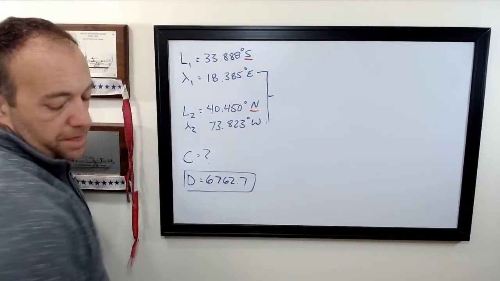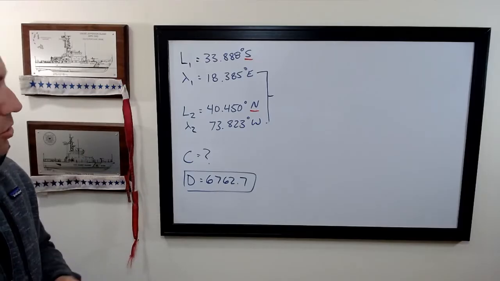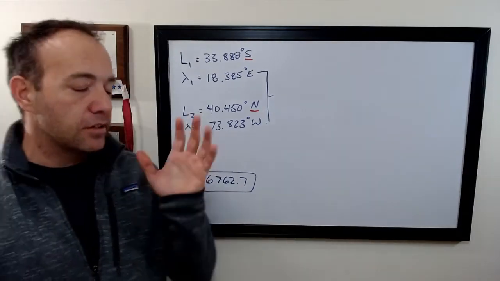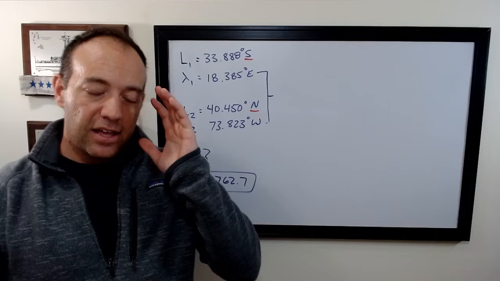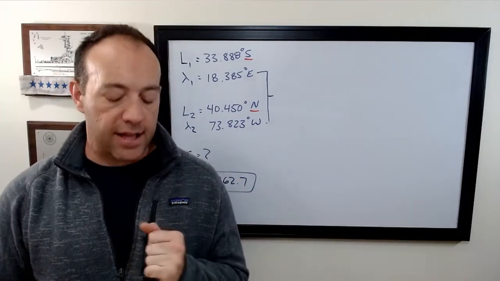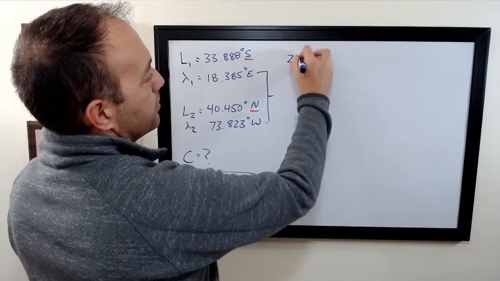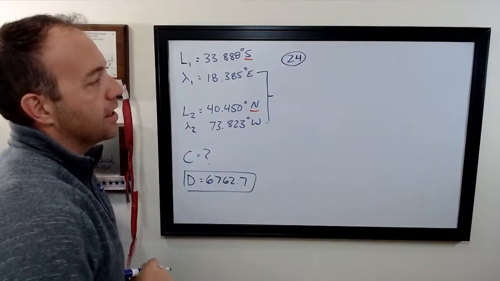The last thing that they can ask you is, what is the initial course angle? And this is tough because we are crossing hemispheres. So it's a thing you kind of have to memorize. If you're crossing hemispheres, you've got to swap the signs in the course angle notation. But there's another Bowditch formula, number 24, right out of Bowditch.